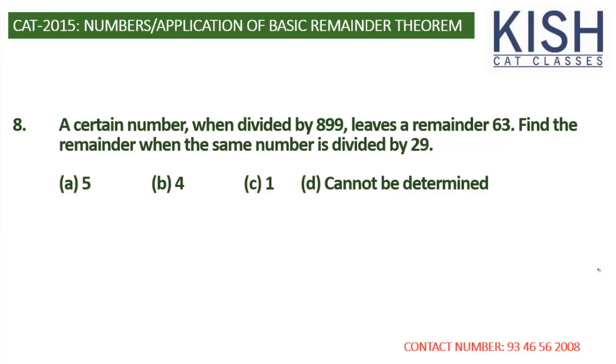A certain number, when divided by 899, leaves a remainder 63. Find the remainder when the same number is divided by 29. This is a very simple question. We have no idea about the number, certain number, that is n. So if the same number is divided by 899, the remainder obtained is 63.